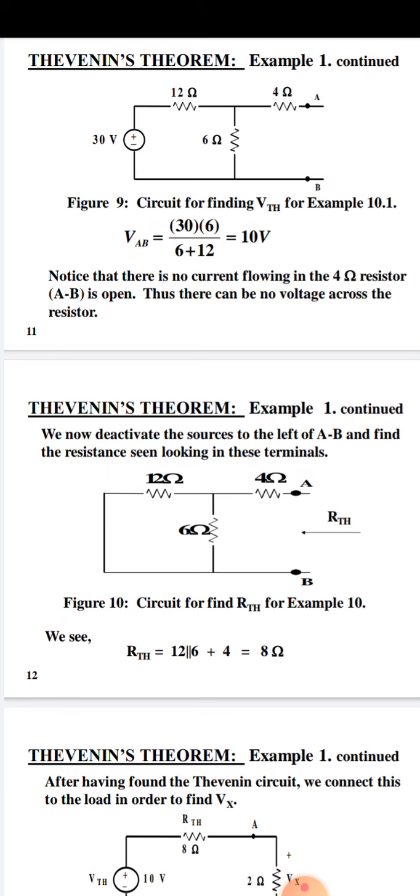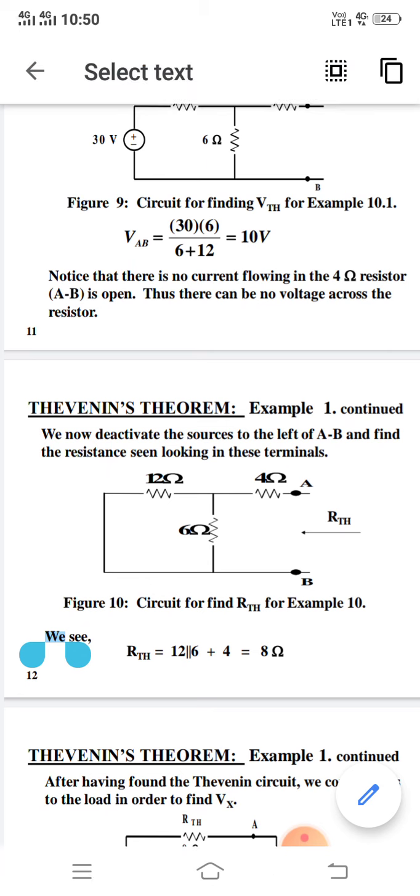Here, three resistor values are there: 2 ohm resistor, 6 ohm resistor, 4 ohm resistor. Among these three resistances, two are in parallel. The 12 ohm resistance and 6 ohm resistance are parallel.